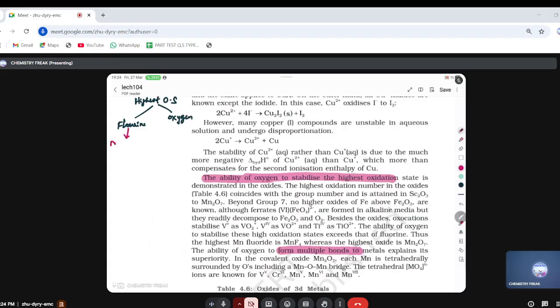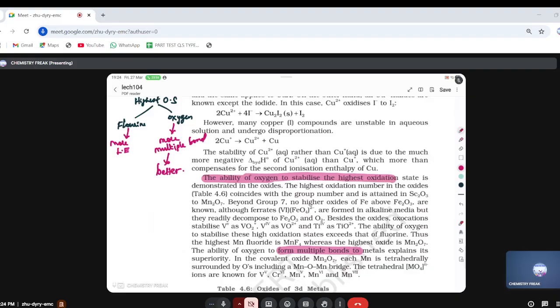Fluorine stabilizes because fluoride compounds have more lattice energy. Oxygen stabilizes because oxygen has more ability towards multiple bond formation. And who is better? Oxygen is better to maintain a metal in a higher charge. If you want to keep a metal in a higher charge, oxygen is the best fellow. Are you able to understand this point?